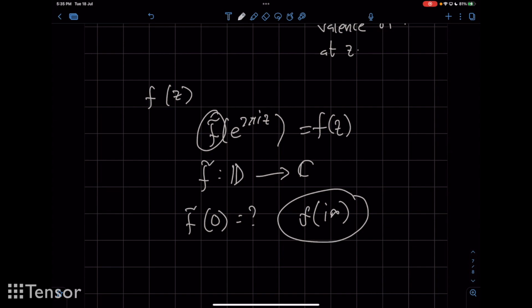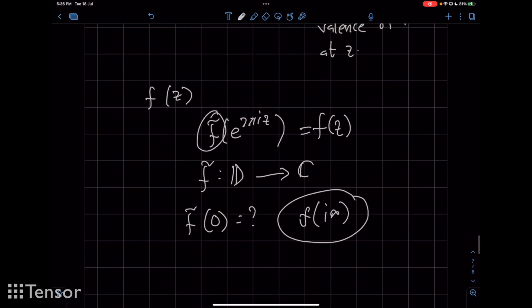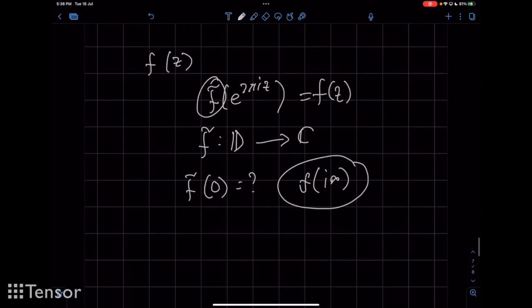But f is no longer a modular form, so we relax this condition. So f is now a meromorphic form, and this is not necessarily finite for our case. But nevertheless, we define v infinity of f as v0 of f tilde.